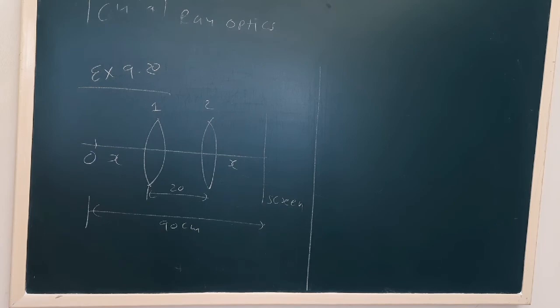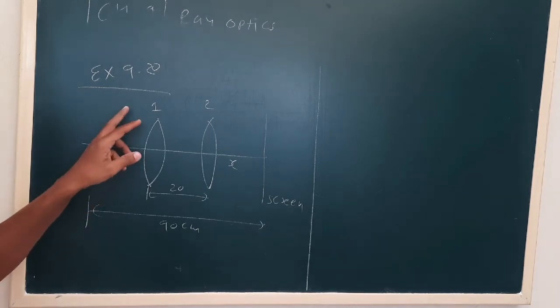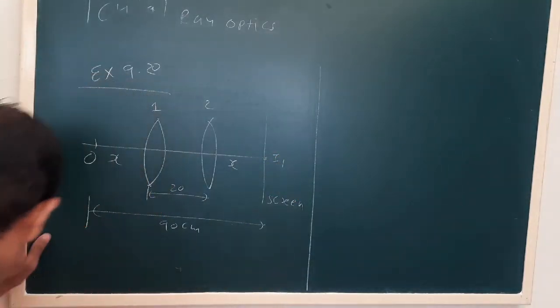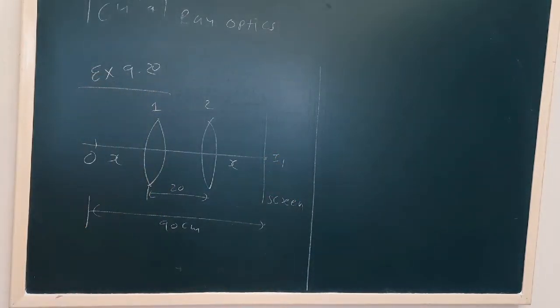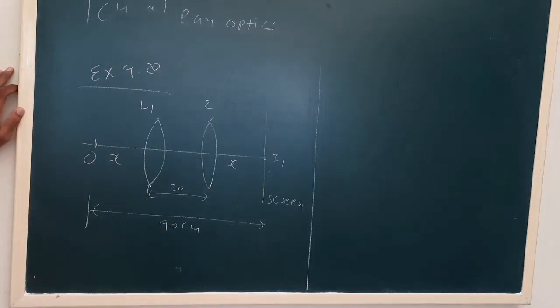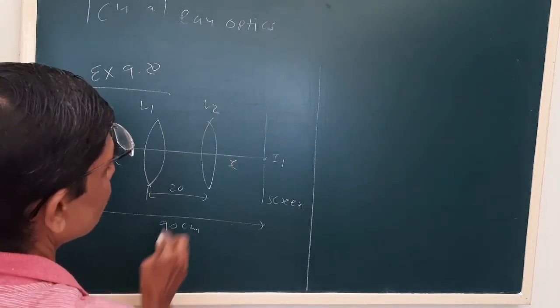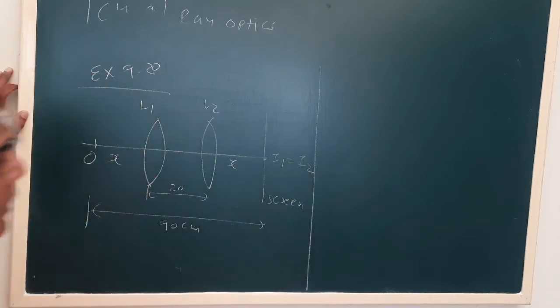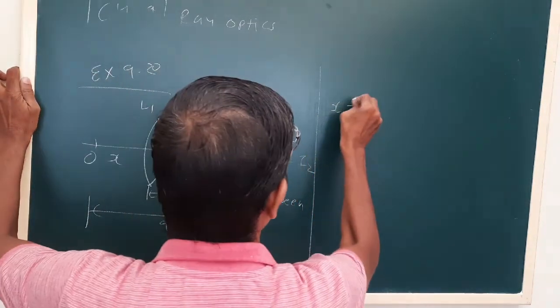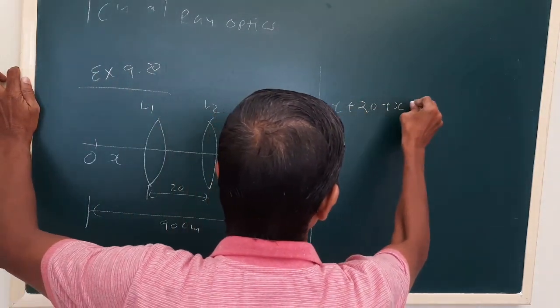Okay, so what we can say, see, the object is here, the image is here, I1. Okay, lens position is 1, image is I2. Now we have changed the position of the lens to the other position, and the image is at the same position. Now let us say this distance is x. So x plus 20 plus x is 90.